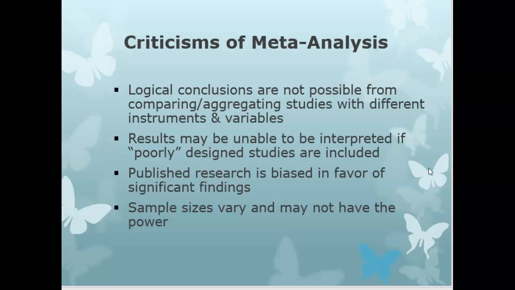Publishing research in favor of significant findings. This is when you have stakeholders such as a pharmaceutical company, or somebody supporting the study, who is pushing the envelope for getting the results that they want. So you don't want any bias in any of this.